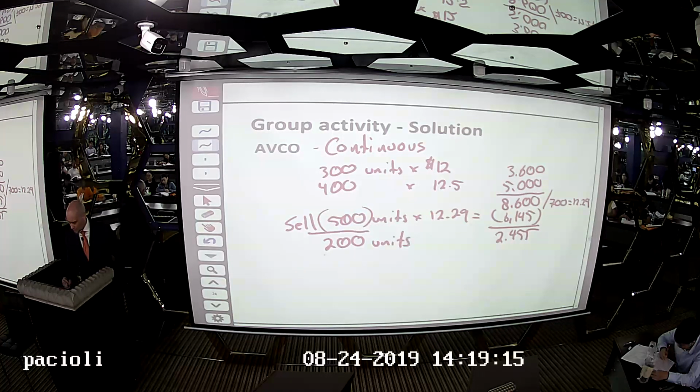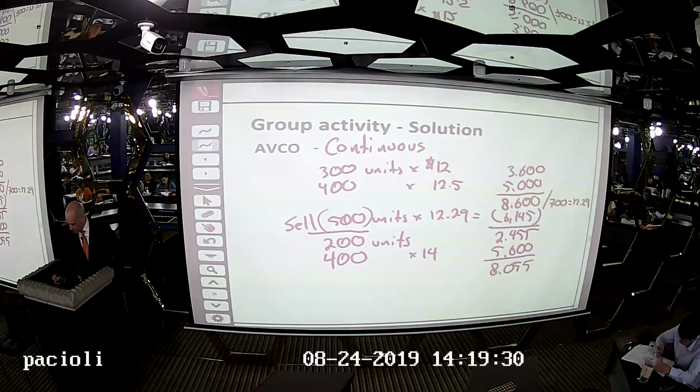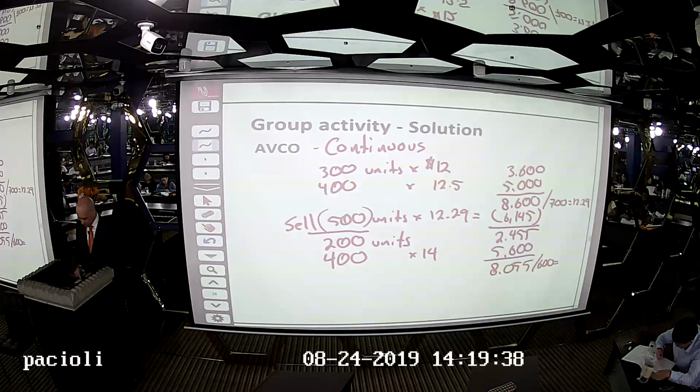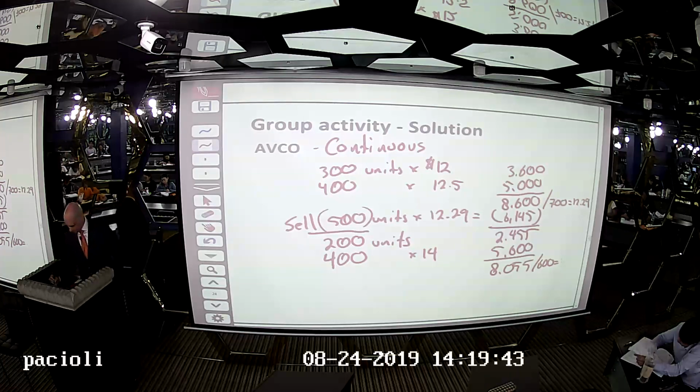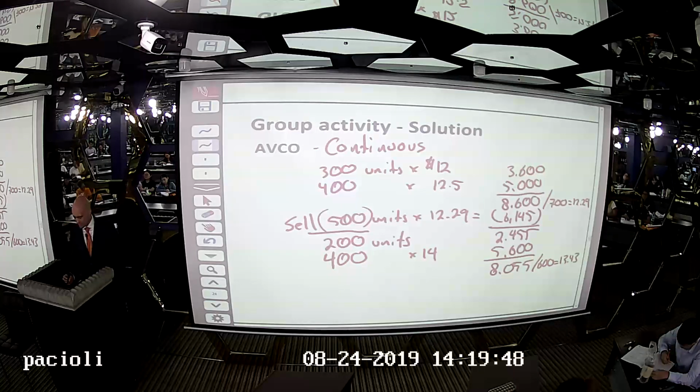We have 200 units, and then we purchase 400 units at $14. $8,055 divided by 600 gives a $13.43 average cost. And then we sell 500 again.